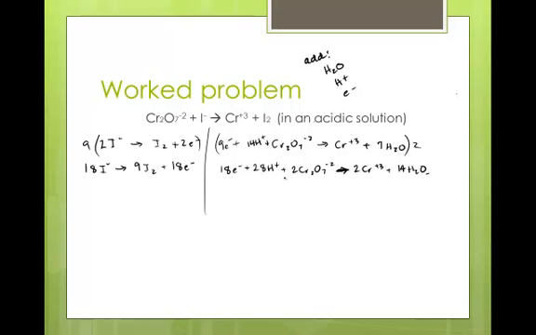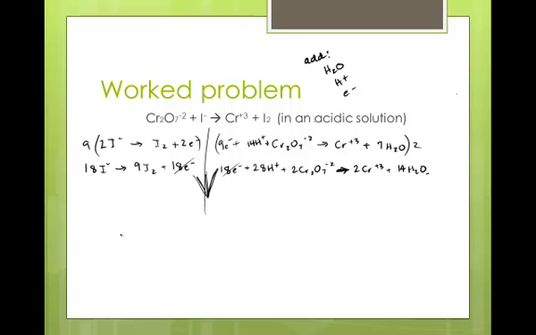Now when I add these 2 equations, I'm going to actually merge them. I'm going to add them back together. I'm going to put everything that's a reactant on the left and everything that's a product on the right. Notice the 18s will go away because we set it up so that the electrons cancel.